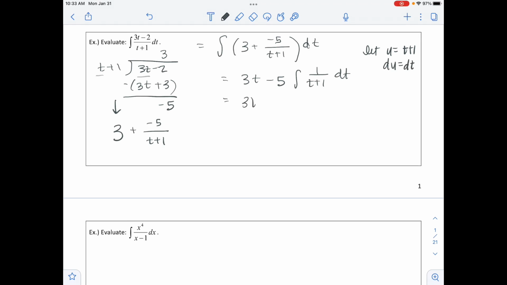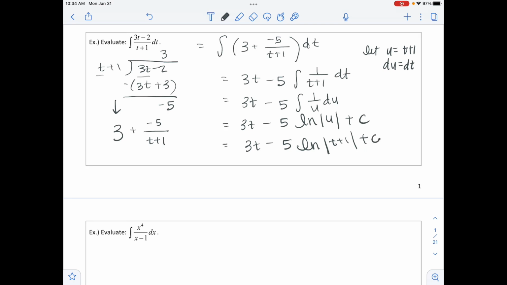And so I have 3t minus 5 times the integral of 1 over u du, which is the natural log of the absolute value of u. I'm going to add in my plus c since I am dealing with an indefinite integral. And then I'm going to back substitute in what u was. So 3t minus 5 times the natural log of the absolute value of t plus 1 plus c.